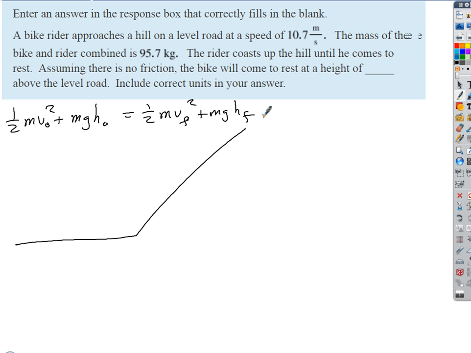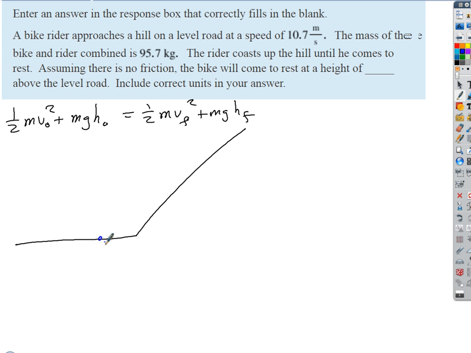So the sum of those two things is always going to be the same. Remember that we took the example with the ball in class. If you threw the ball up in the air, it was all kinetic at the bottom, but then it lost some kinetic energy, which turned into gravitational potential energy in the middle, and then it got it back at the end, right?